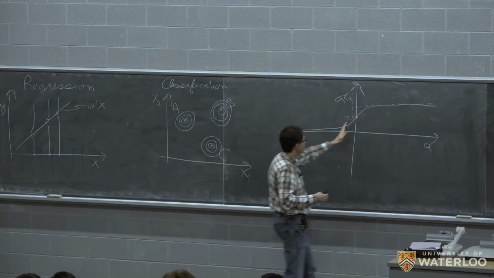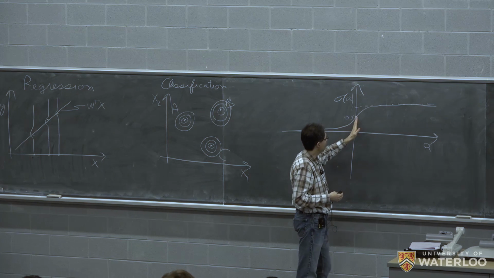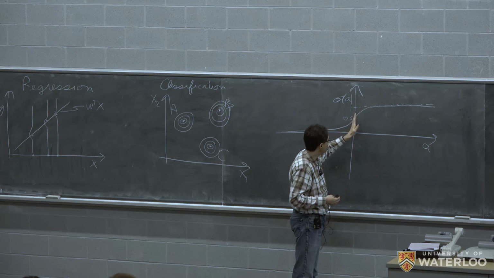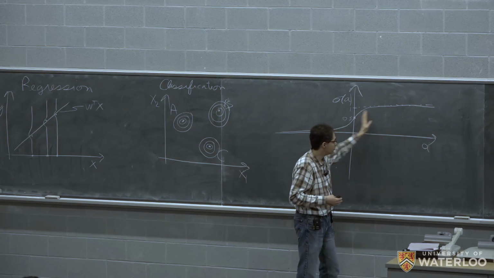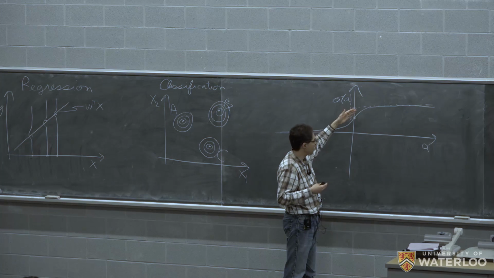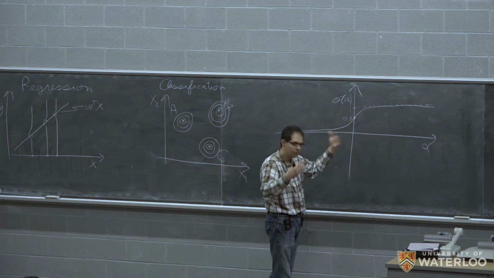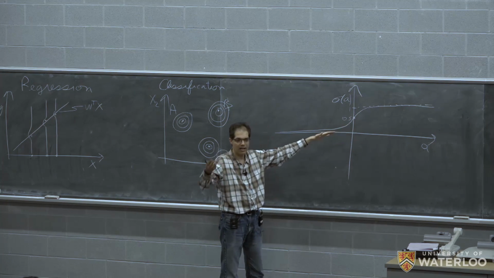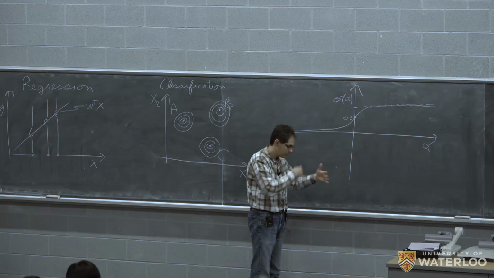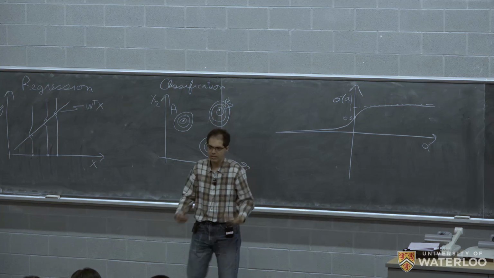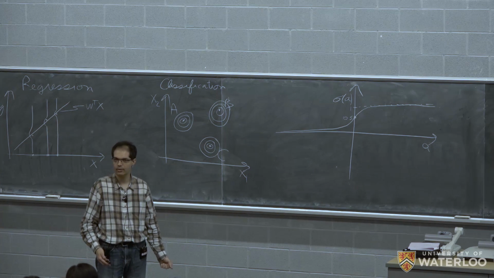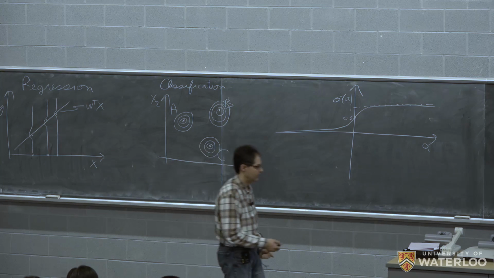When we have a posterior probability greater than 0.5, we're essentially in this region here. And then it's natural that we would select that class because we're more likely to be correct by selecting the class that has a probability higher than 0.5. And in the other region, we would select the other class because that's the one more likely to be correct.